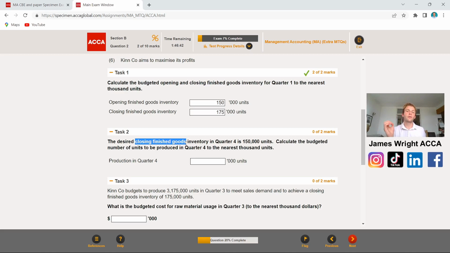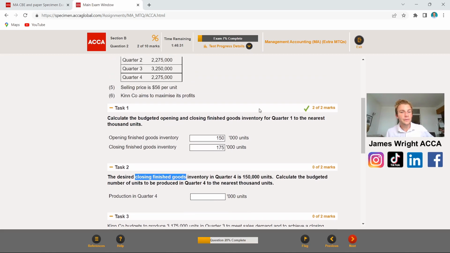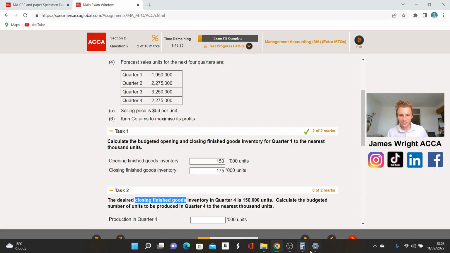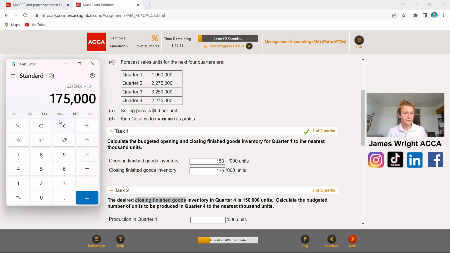We need to work out what the opening actual inventory was for that period. So we've been given the closing. We know the budgeted sales for throughout the year, but we need to work out what was the opening. And the way we do that was exactly the same way we did it for Q1 on there. So have a think to yourself, which of these figures am I going to take on here? And again, if you want to have a go at this question beforehand, feel free to.